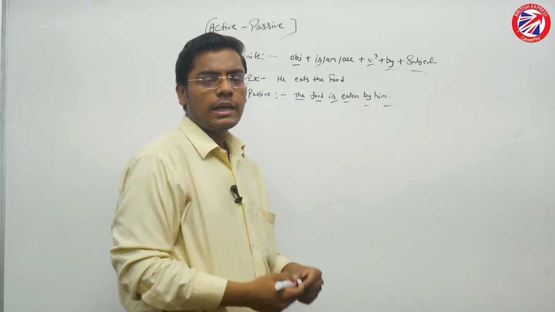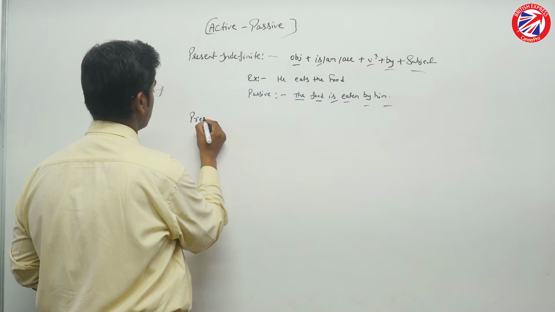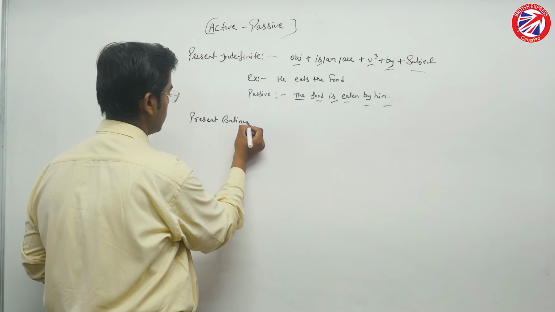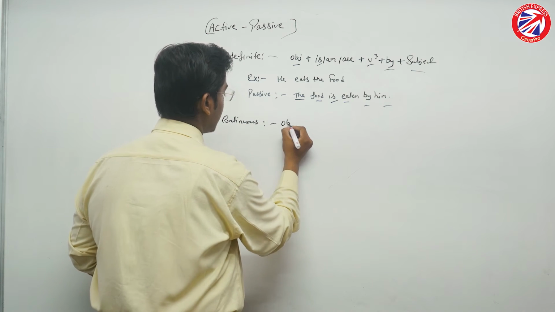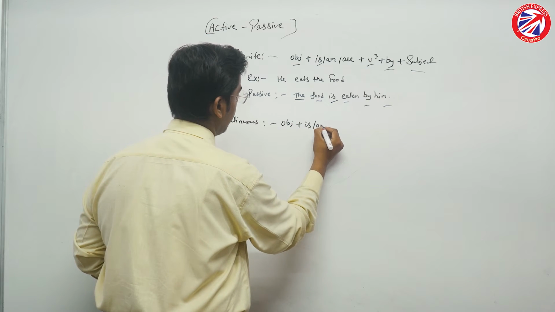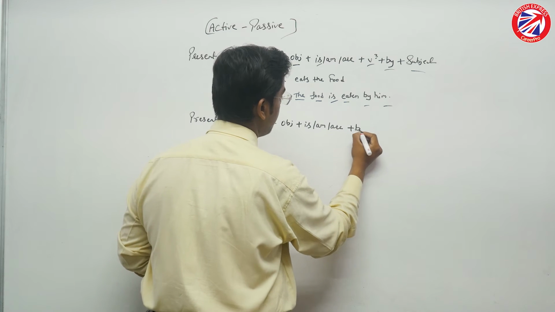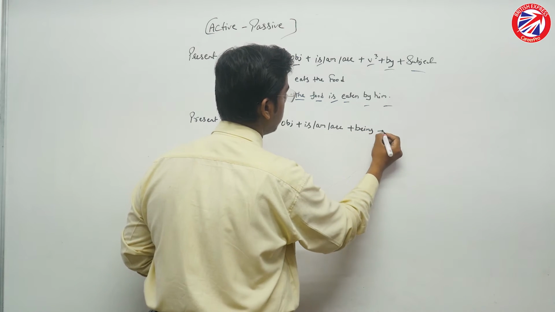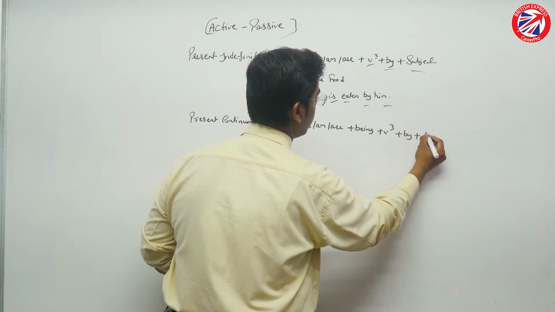Now after that, let me teach you the present continuous as well. Now, object plus is/am/are plus being plus V3 plus by plus subject.